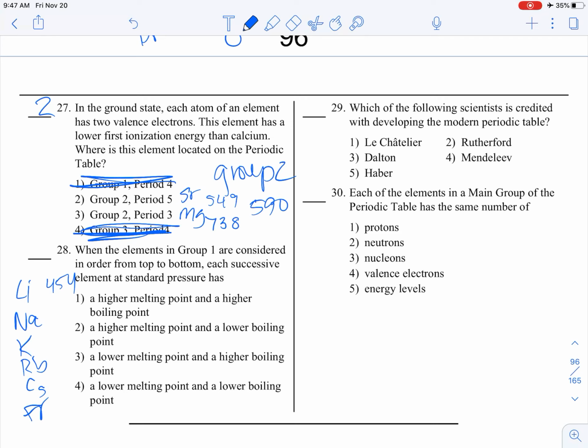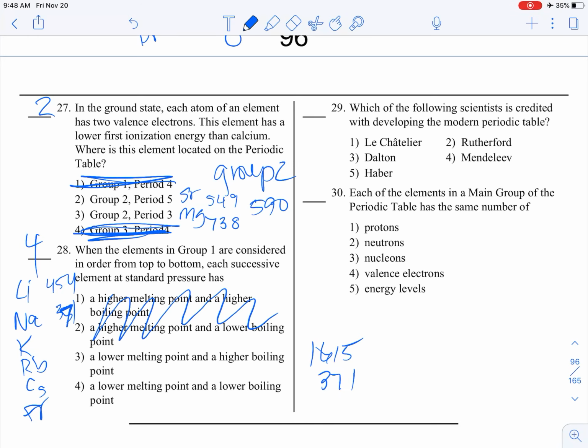Sodium is 371. Whoops. So it can't be those, because I already saw that. Now let's talk about boiling point. So lithium's boiling point is 1615. Sodium's is 371. So lower.